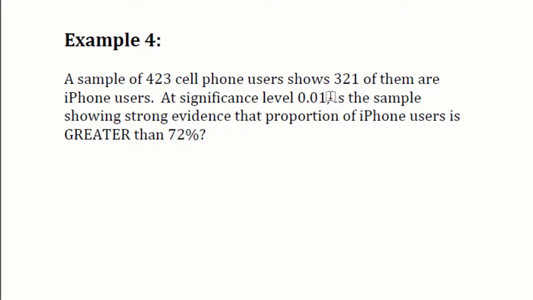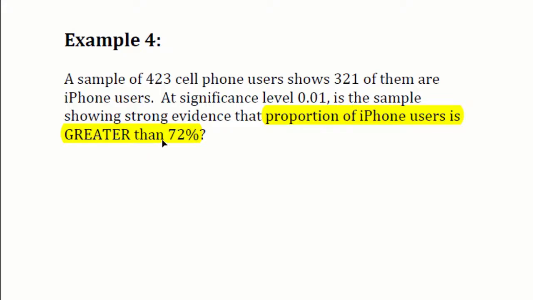So in the wording here, again, is the sample showing strong evidence. This is the wording that brings to our attention that the problem here must be a testing hypothesis. But for now, I am going to focus on the following. We want to prove that the proportion of iPhone users is greater than 72%.